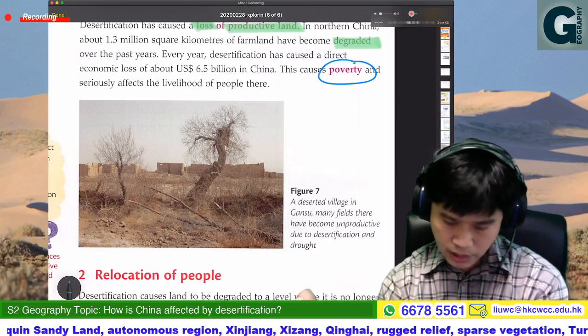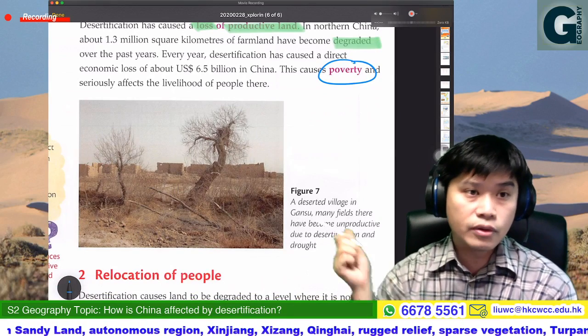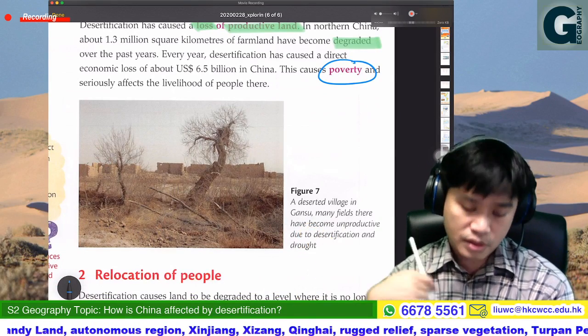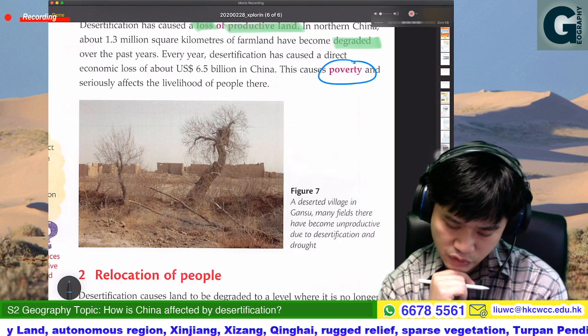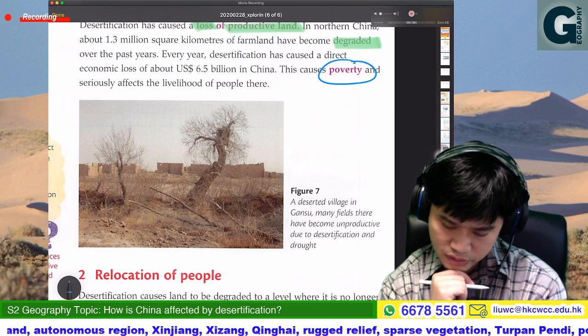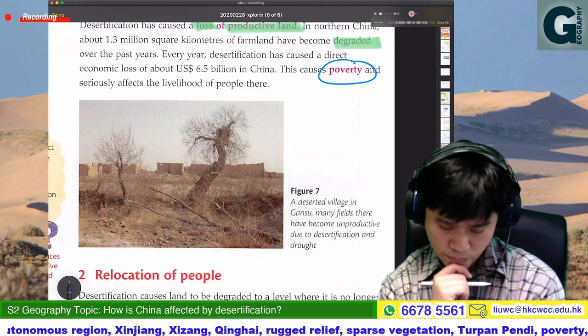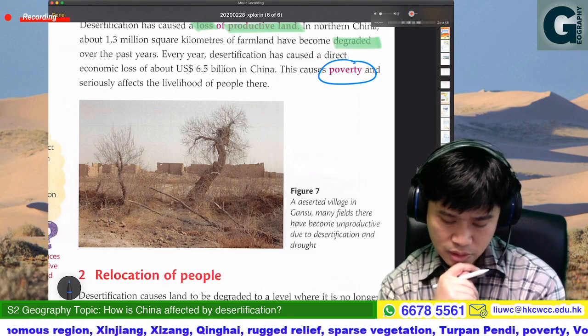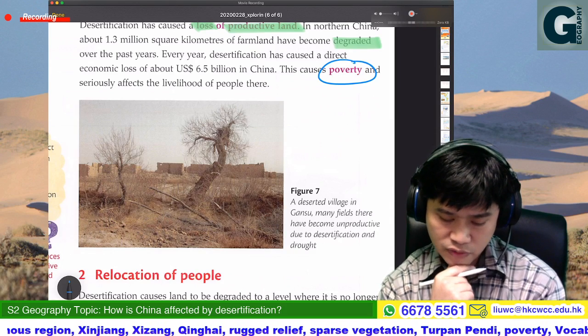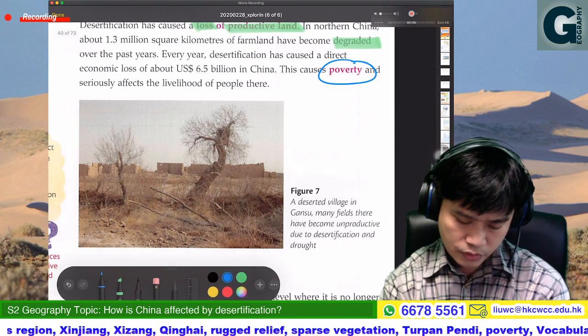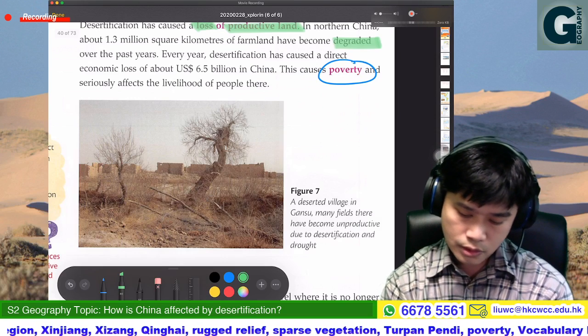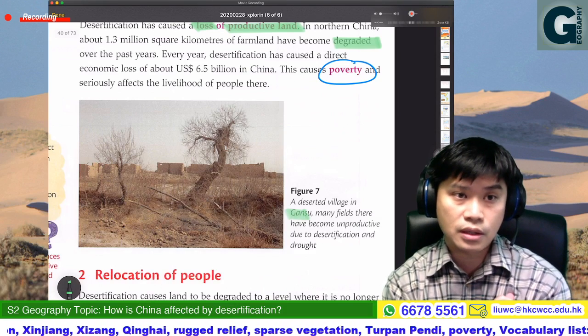One I would like to mention, if you look at this picture, a deserted village in Gansu, many fields there have become unproductive due to desertification and drought. We have studied drought before, and also talked about desertification. But why I would like to discuss this with you, look at Gansu here.